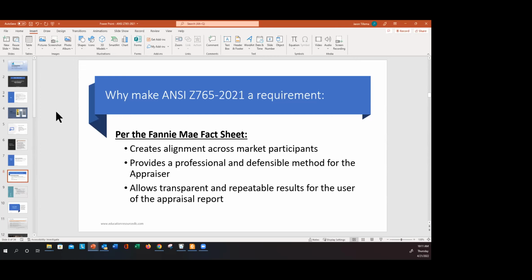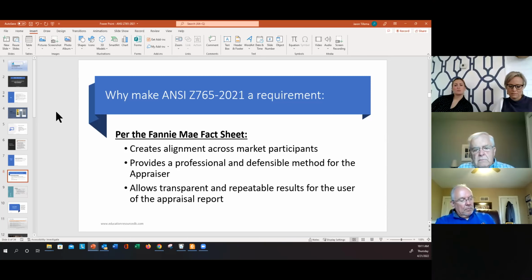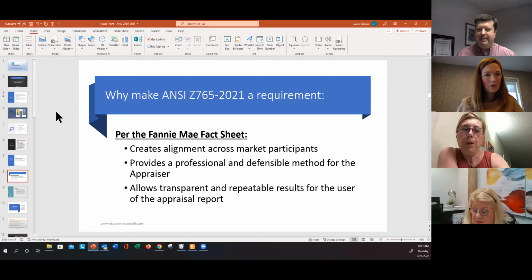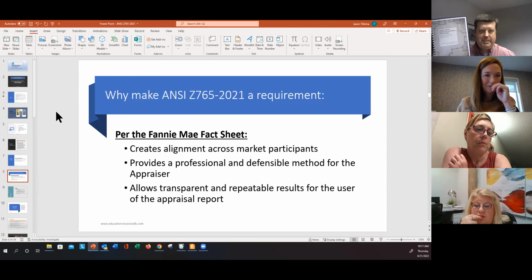And the appraiser said, well, I didn't mess up. I measured the home to the ANSI standard. At which point the courtroom kind of came to a stop, and the judge asked him, what is the ANSI standard? Now, the appraiser thankfully had his handbook with him, and he held it up. He said, I measured the home according to the standard here in ANSI.